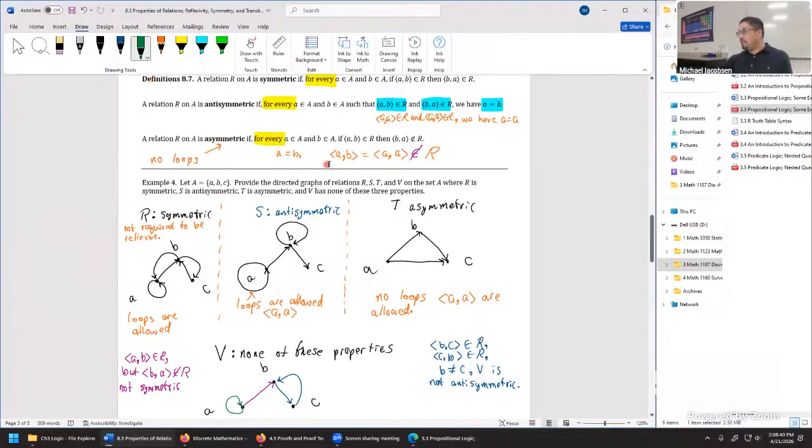Now, what's the problem? If A relates to A, let's maybe just rewrite this comment for clarity. We're looking into this information here. Tricky thing about the definitions is when you say A and A, B and A, you're allowing the A and B to be different, but they can in fact be the same.